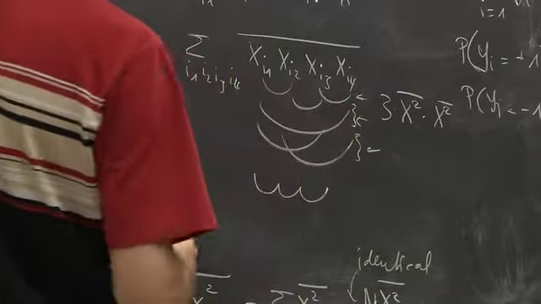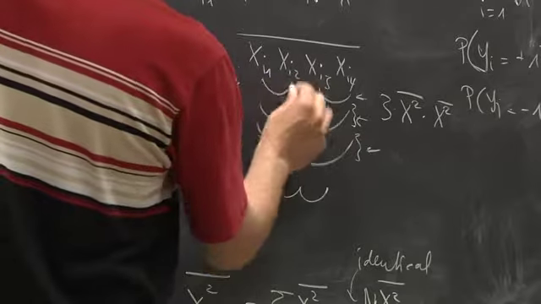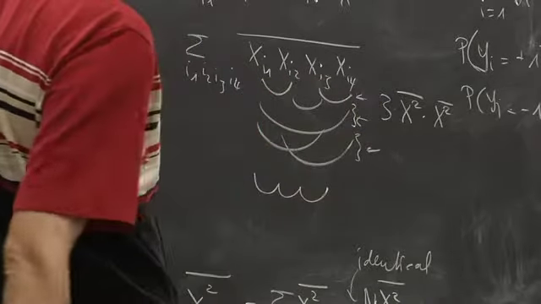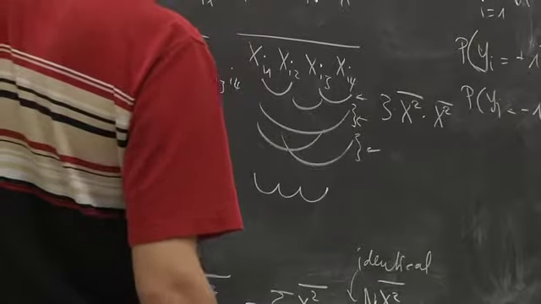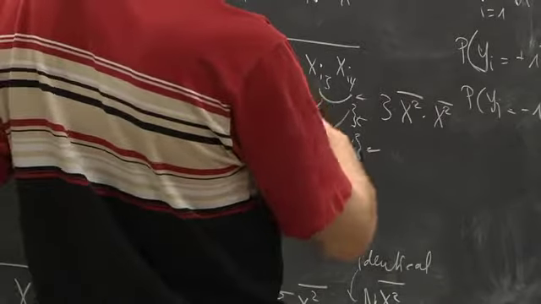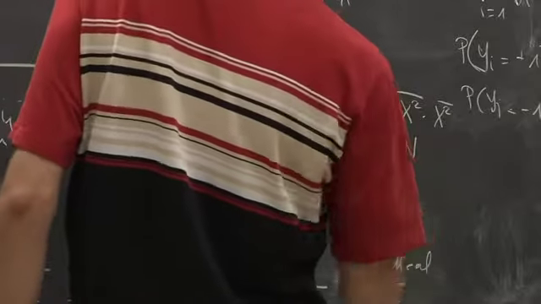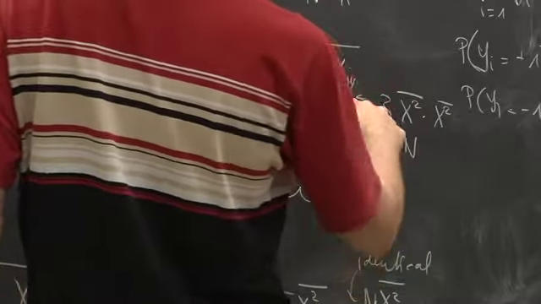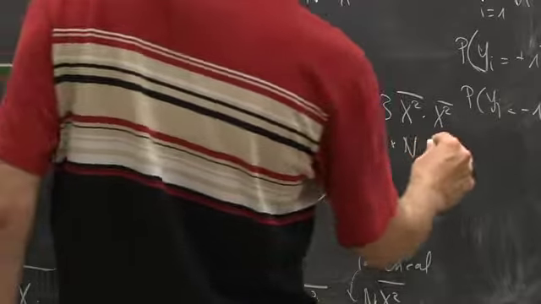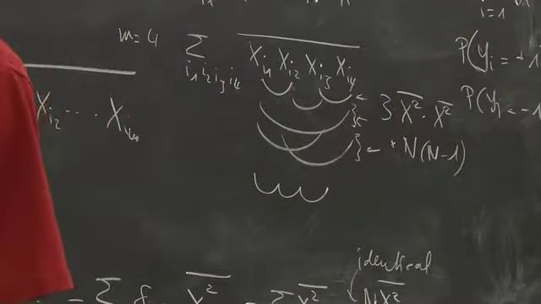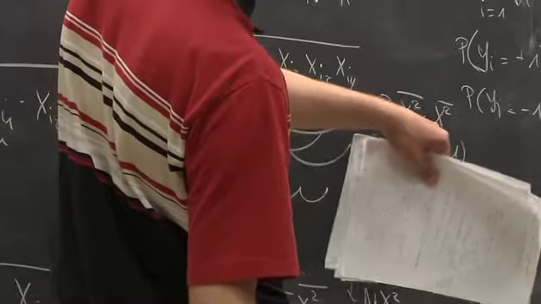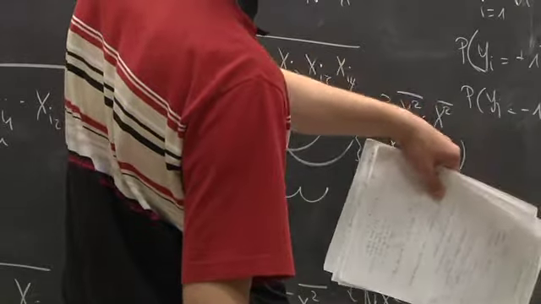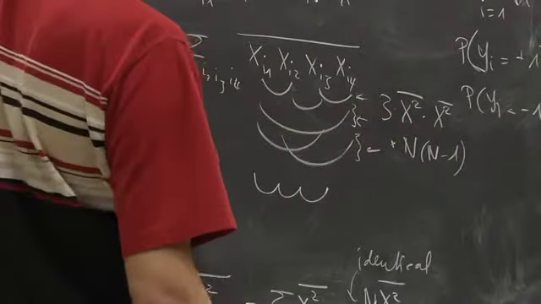For this index I can choose whatever, that gives n, and for this index it has to be different from that one, so I have n minus 1 choices. So I get 3 x squared average squared times n minus 1.